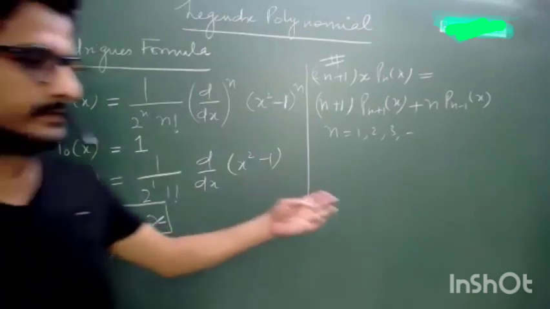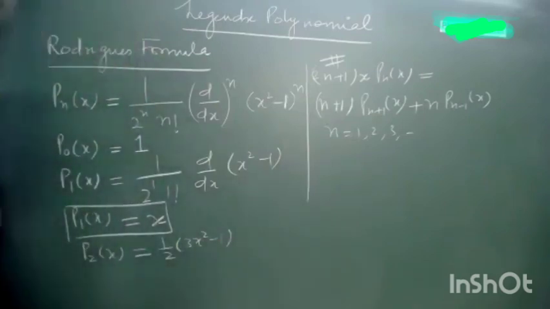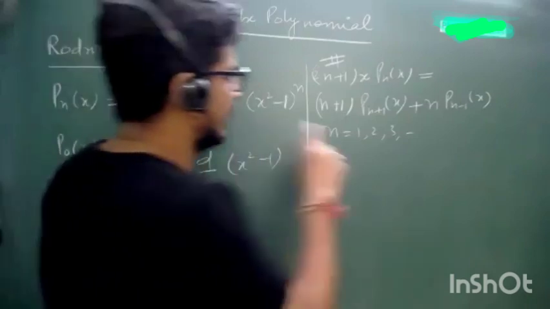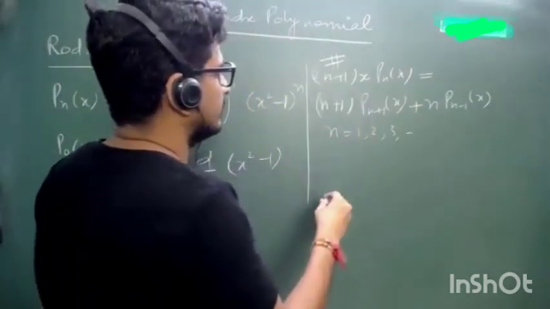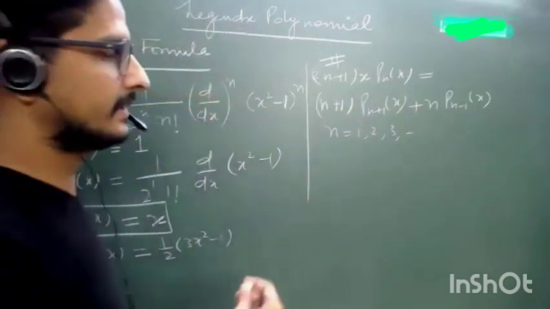What will you do? It is so difficult to derive, but if you remember few terms, for example, I can put n is equal to 1 here, and by elimination method we can see which one of them is correct.